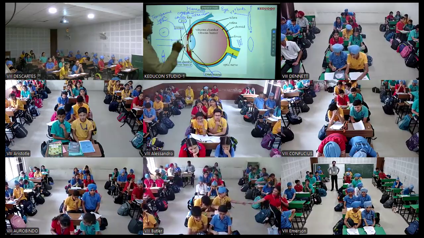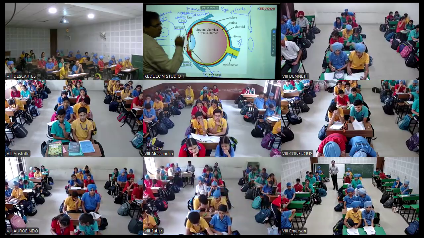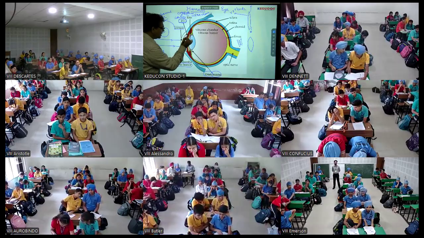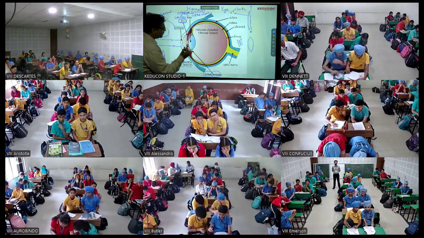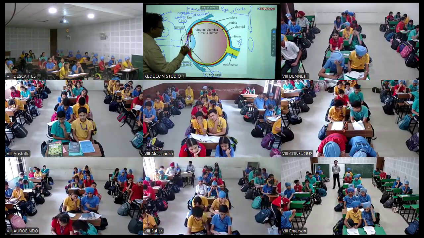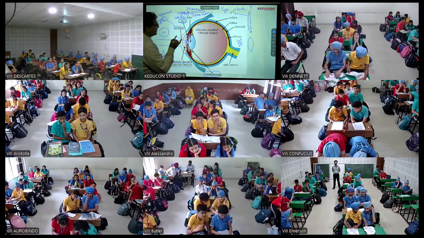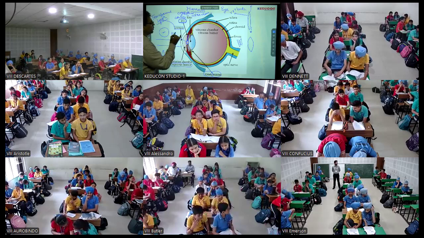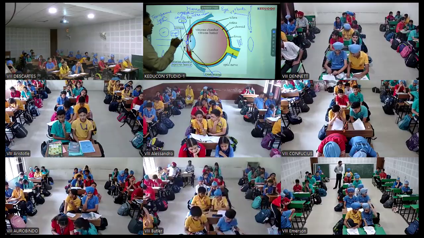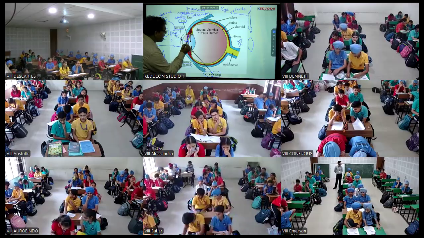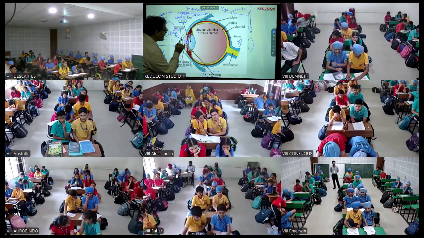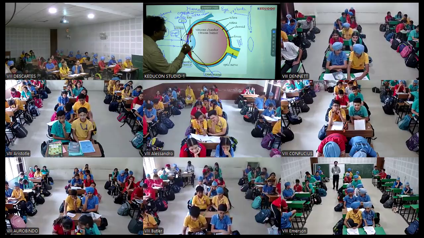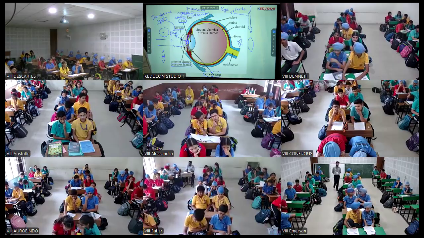Another job of the iris is this: when it covers a larger portion of the lens, it means a lesser portion of the pupil is open. I have spoken a new word, pupil. What is the pupil? This is the opening from where the actual ray of light goes inside the eye lens.